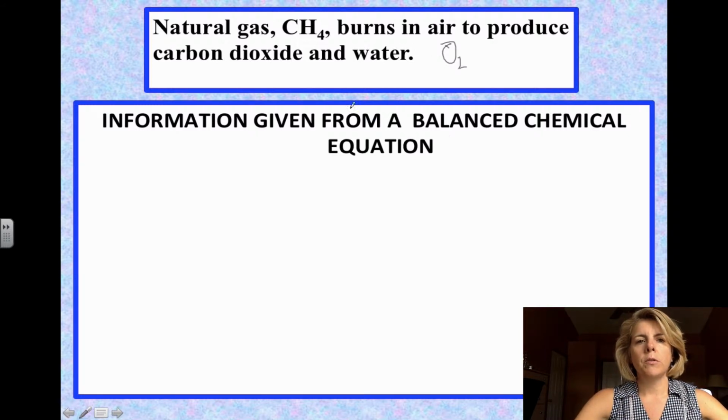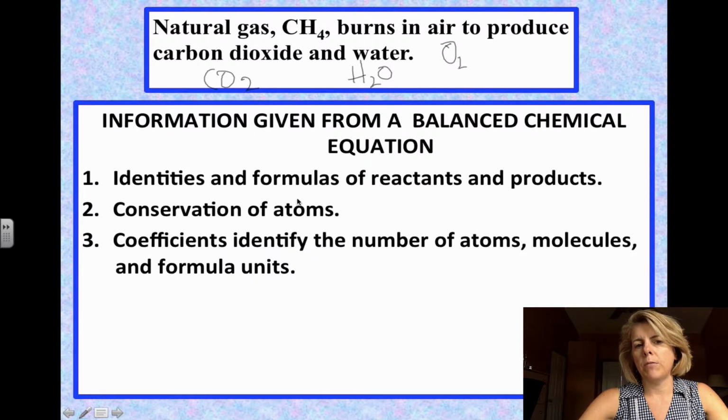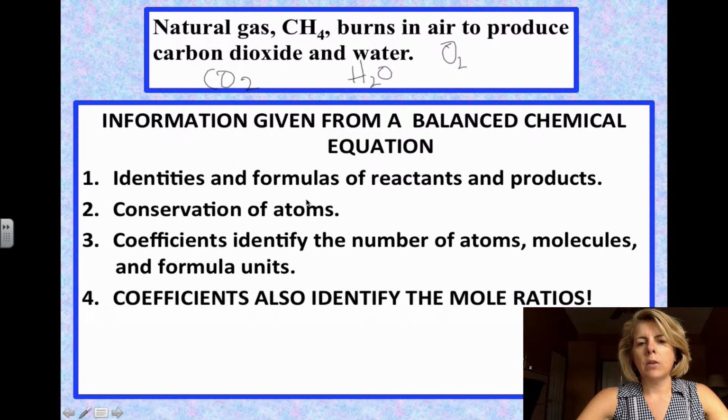And notice it's producing carbon dioxide and water. So we're talking about CO2 and H2O. And once we've identified things, we have to conserve. We have to figure out what the coefficient of each is going to be. And in order to do that, we're actually looking at what we call mole ratios.